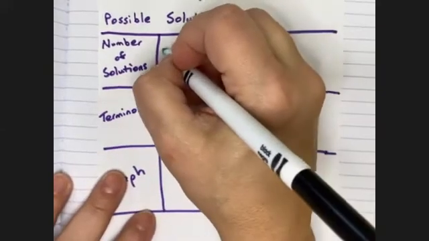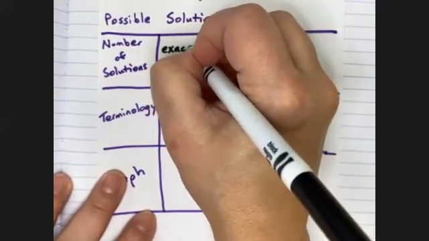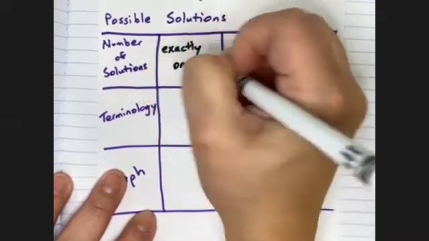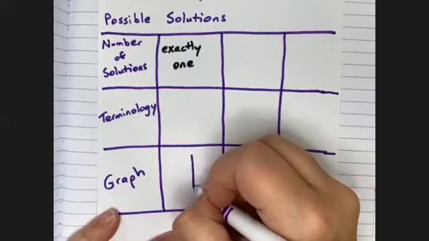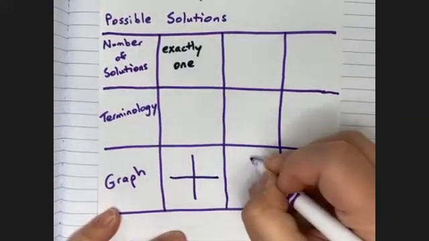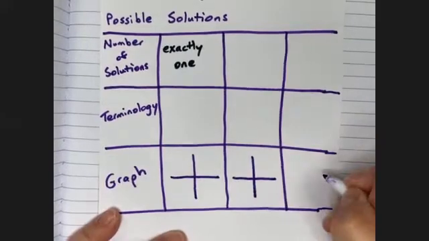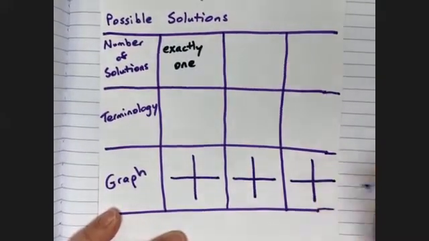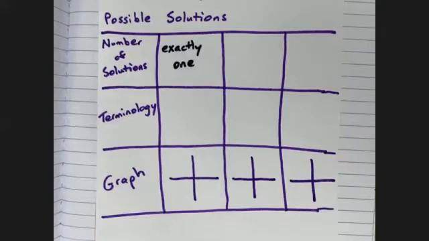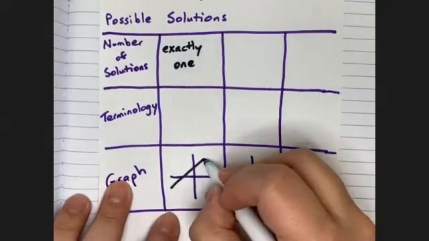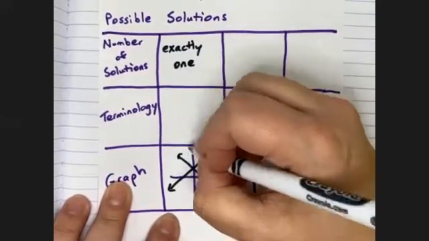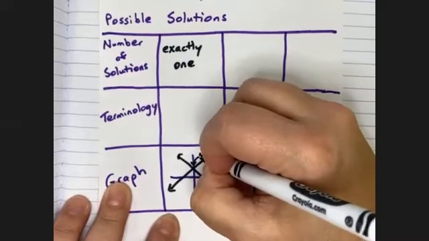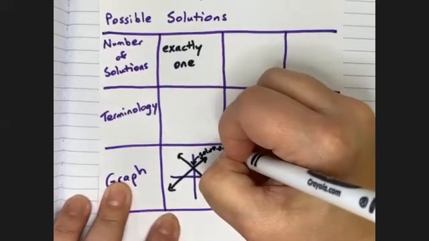So if there is exactly 1 solution, then if I were to have a graph, now I'm going to go ahead and draw my little x and y axes over in all 3 of these, sorry. The graph is going to look like, I have a line here, and I have a line here, and right there where they intersect is the solution.